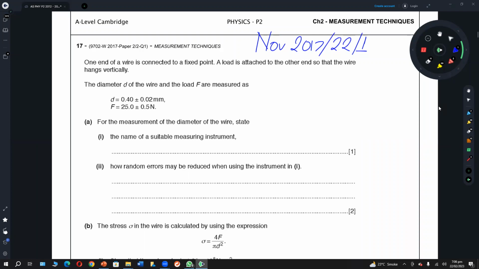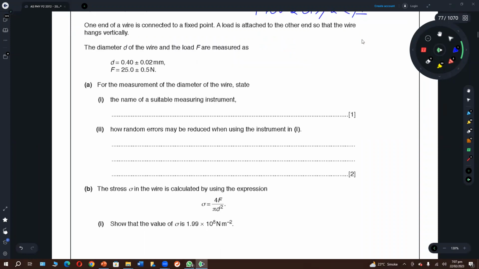Now we have given the name. So the second answer will be like reducing the parallax error by viewing it parallel. How may random error be reduced when using the instrument? No, actually the famous answer comes when you're using a micrometer screw gauge.